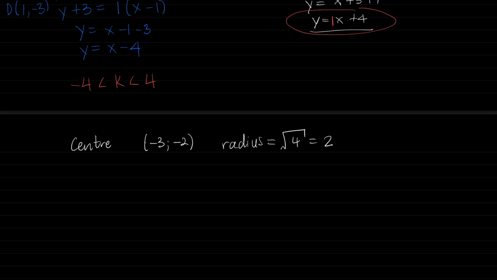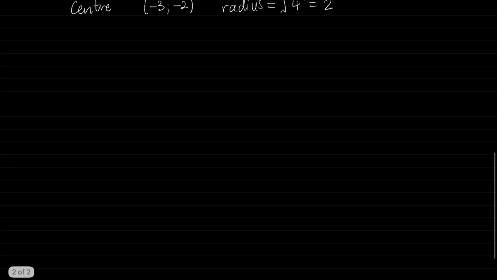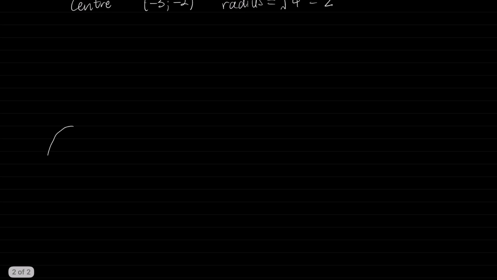Now let's go over what it means in theory if circles cross, if circles don't cross, if they touch at one point, and so on and so forth. So suppose we have a circle like this, some generic circle. Let me redraw that, like so.